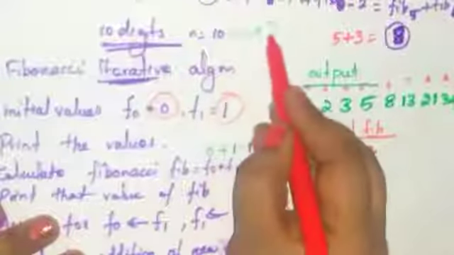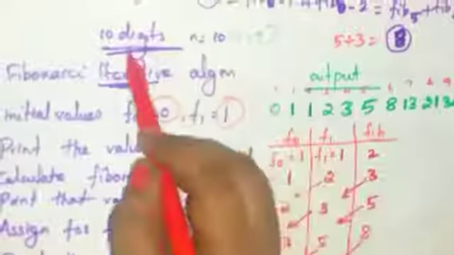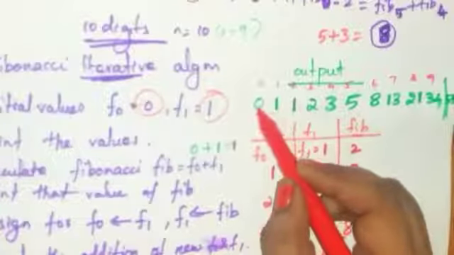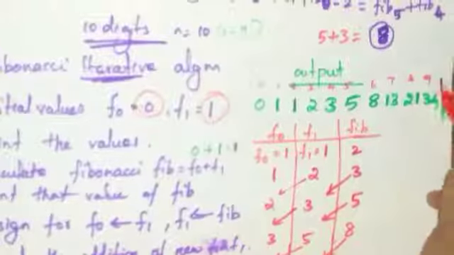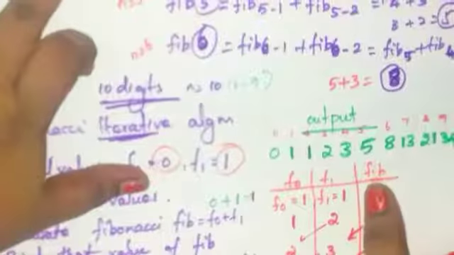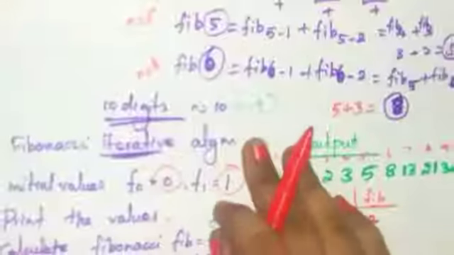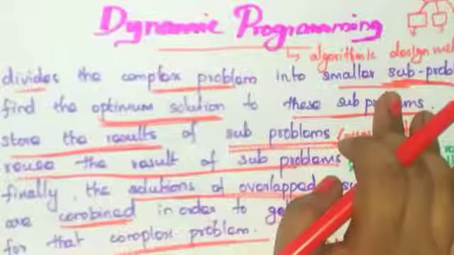We have to find the Fibonacci series for only 10 digits. So write the Fibonacci series for 10 digits only: 1, 2, 3, 4, 5, 6, 7, 8, 9, 10. Finish here. You can find this Fibonacci series using this condition also. So this is about dynamic programming and the Fibonacci series. I hope you understand.